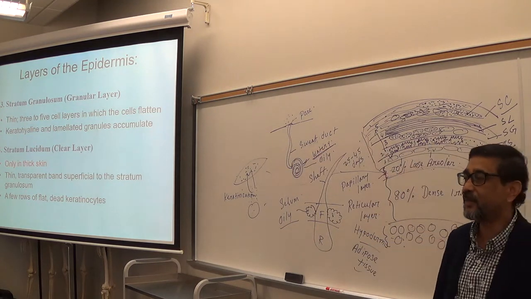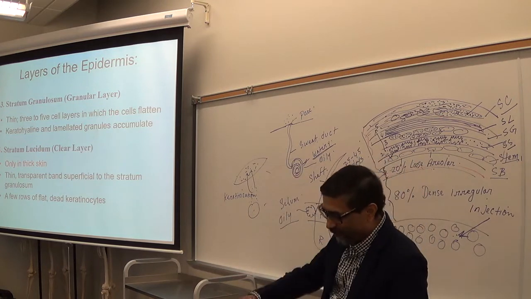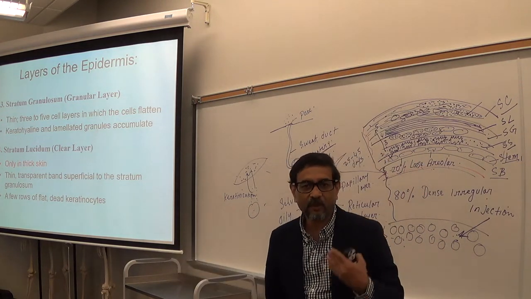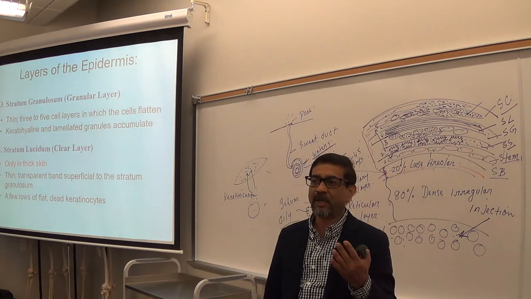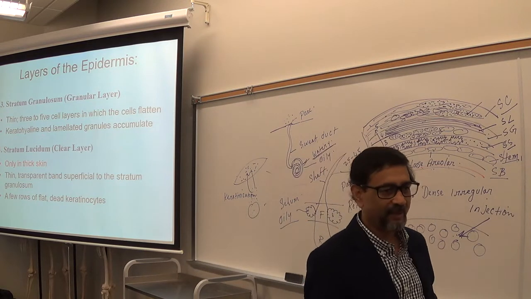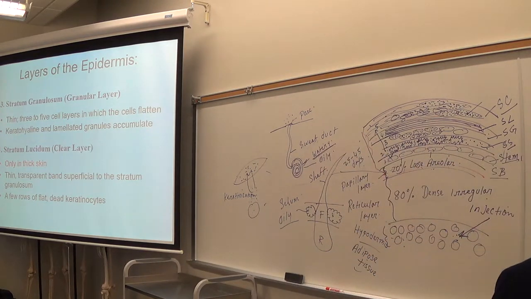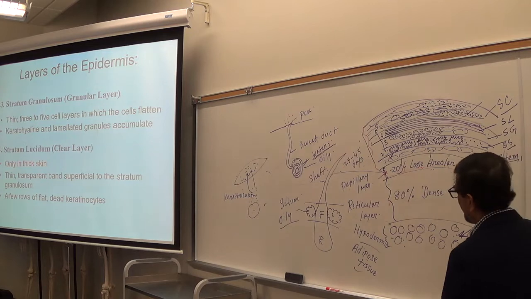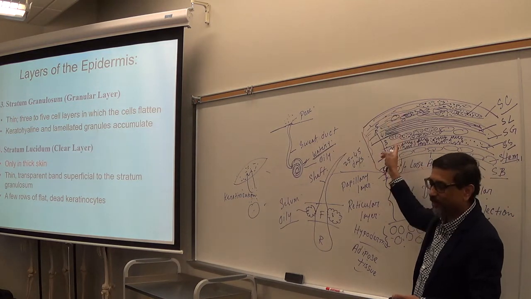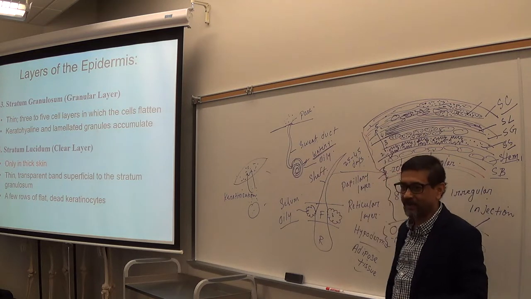Which layer has stem cells? Innermost, right? That's the stratum basale. Also called what? Stratum germinativum. Germinal cell layer. Okay? Or stem cell layer. How long does it take a cell to travel from the innermost to the outermost? 25 to 45 days, right?